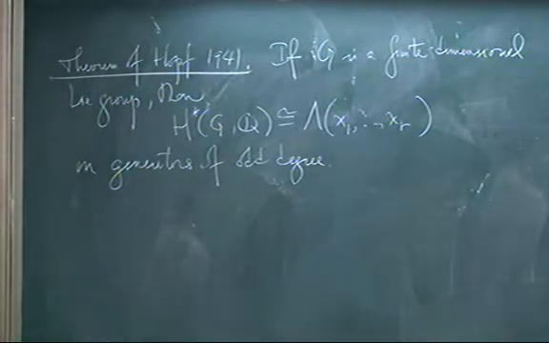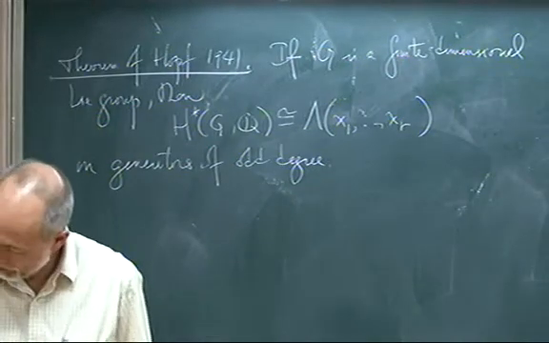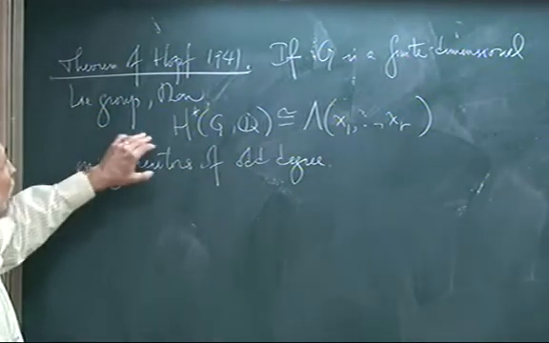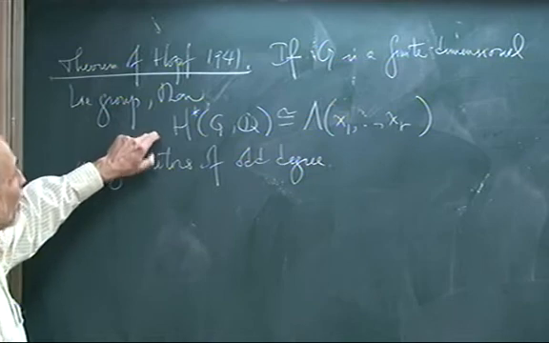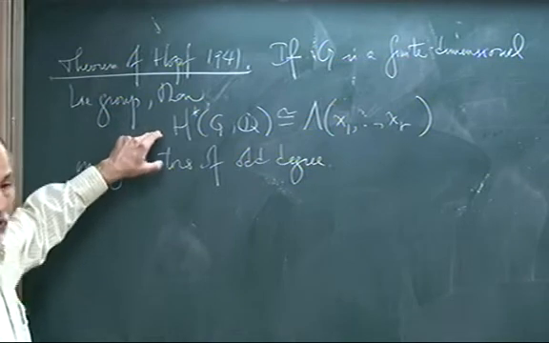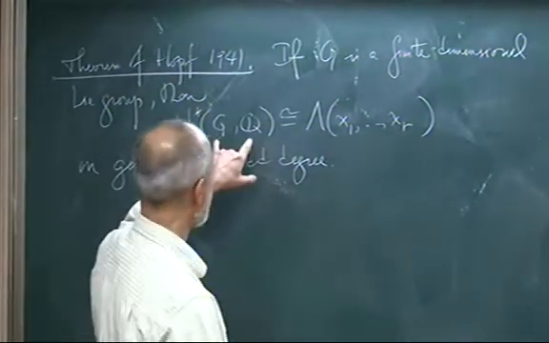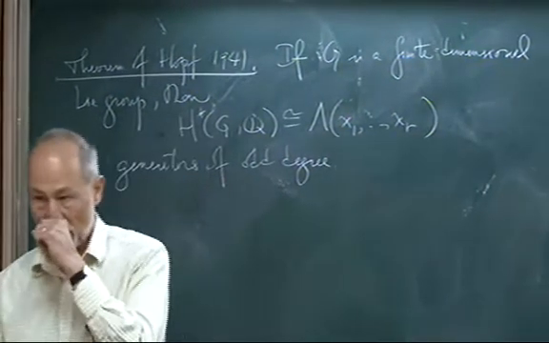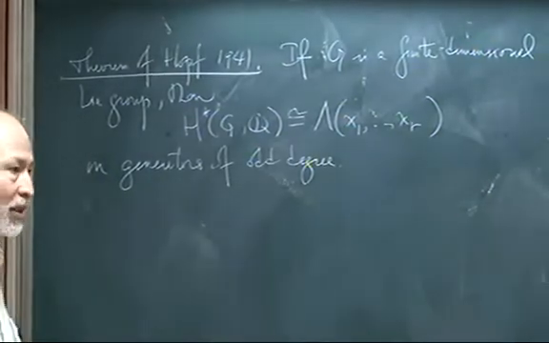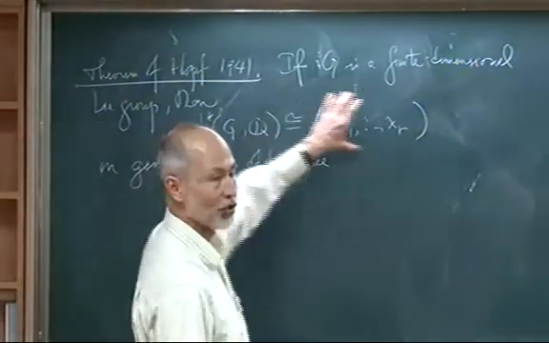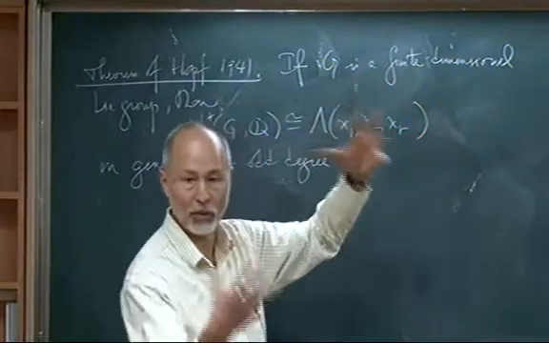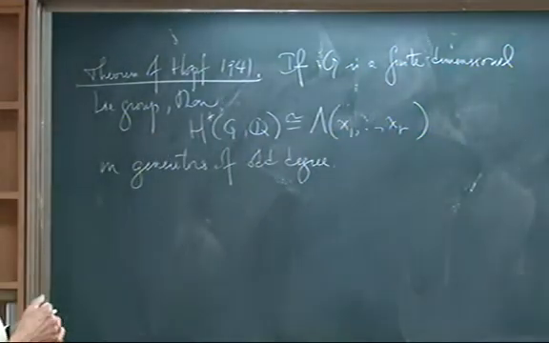So in some sense, this is a very satisfying theorem because it tells you that if you're looking at the cohomology of a Lie group, then the choices of the algebra structure are very well constrained.